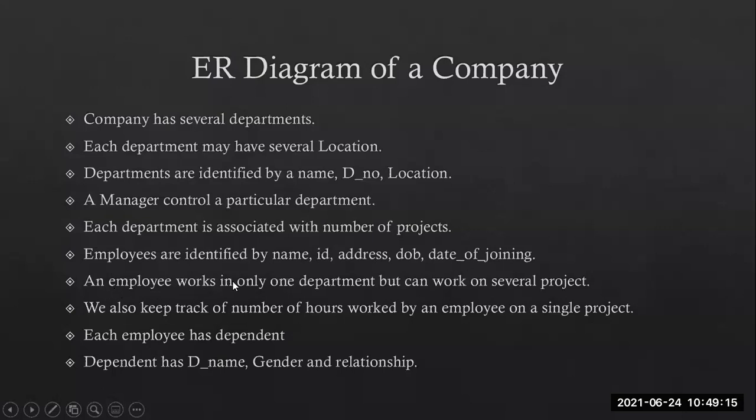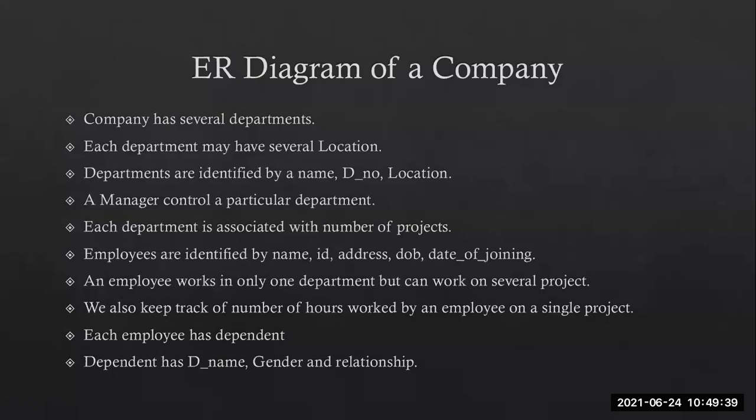An employee works in only one department but can work on several projects. We can give an example from our college itself. I work in the BCA department, but I can take classes for other departments also. But my main motto is that I'm working for the BCA department. You can take the example of your English faculty.